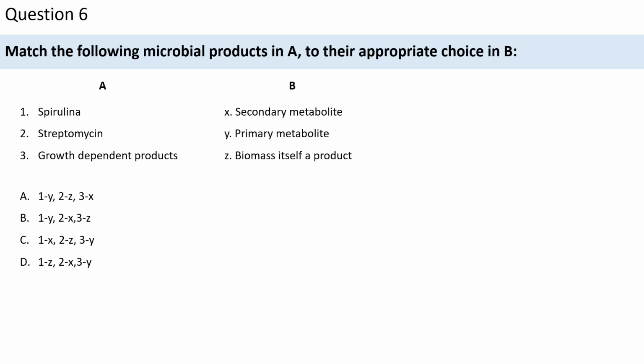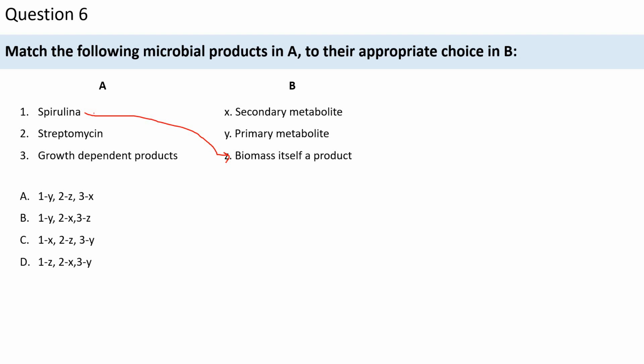Spirulina comes under biomass itself as a product here, because these are nutrients used for consumption. Spirulina is very nutritious, where the fermentation process has the only aim of producing high cell density. They have to produce spirulina at a very high concentration so that they can dry or lyophilize the cells and then send it for consumption.